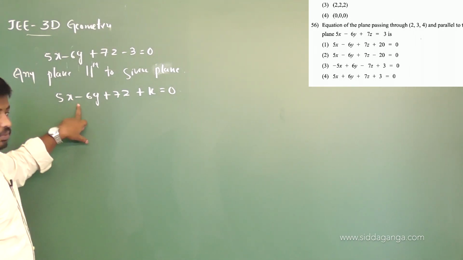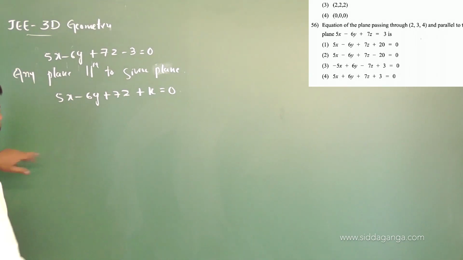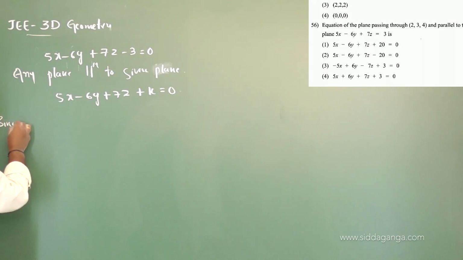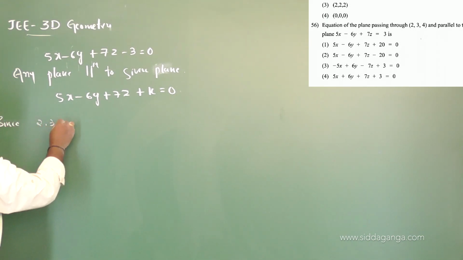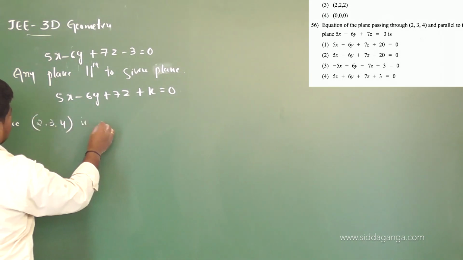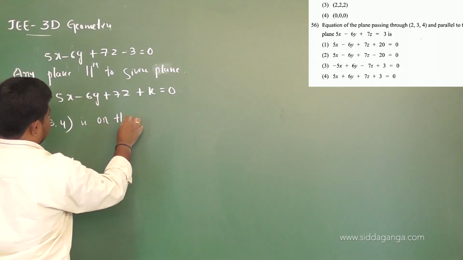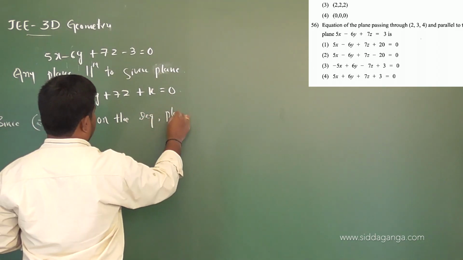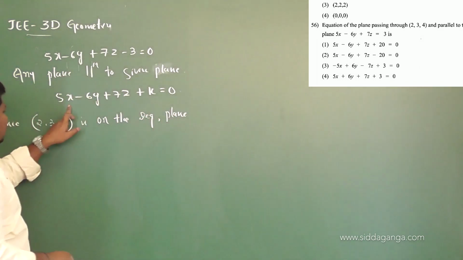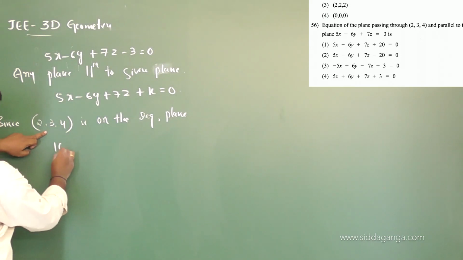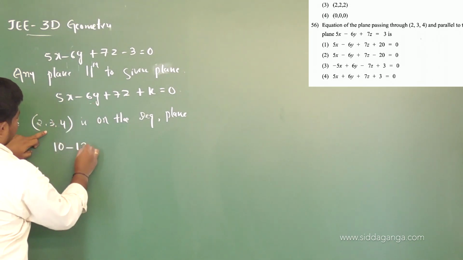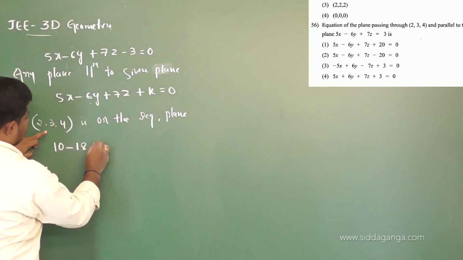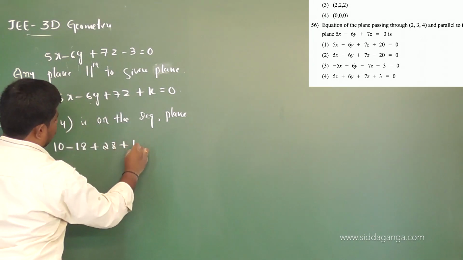Since it is passing through the point 2, 3, 4, that is on the required plane, let me substitute x equals 2, y equals 3, z equals 4: 10, minus 18, plus 28, plus k equal to 0.